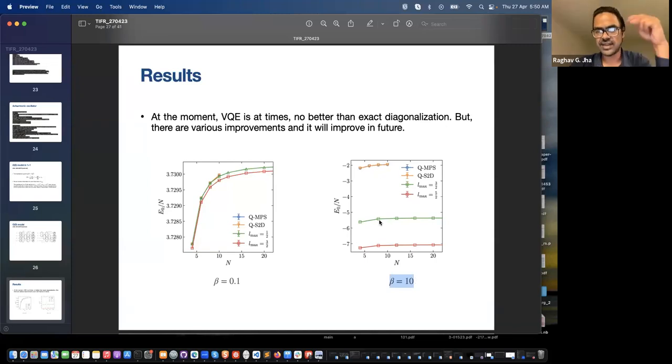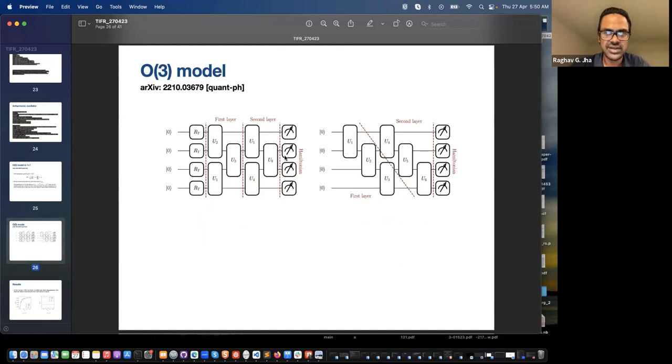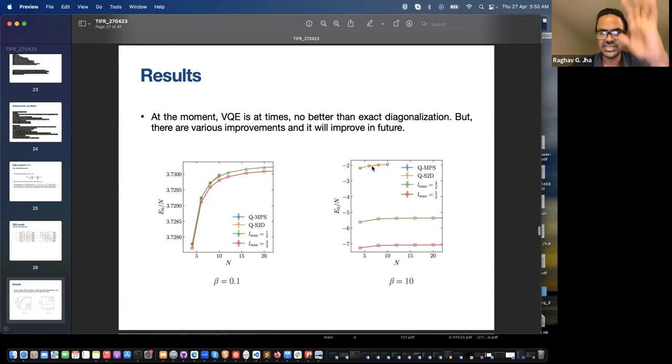The MPS, the classical methods, tell you that the energy should be between -5 and -6 for some truncation, and below -7 for some truncation. Whereas the VQE using 2 different ansatz, the blue and the orange, is sitting somewhere around -2. So it's not at all converging to the right answer.